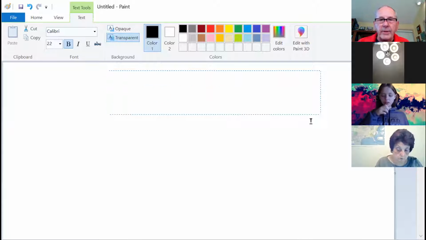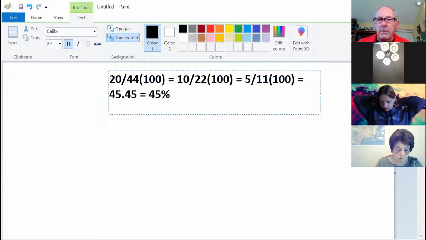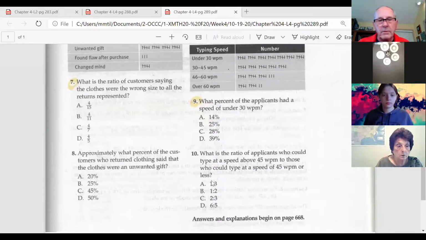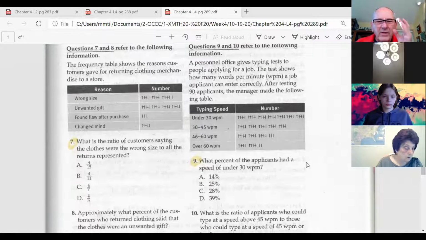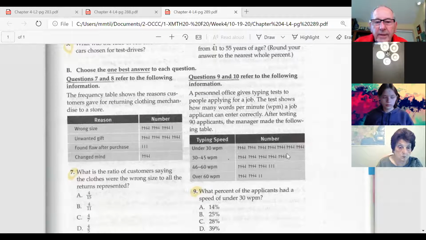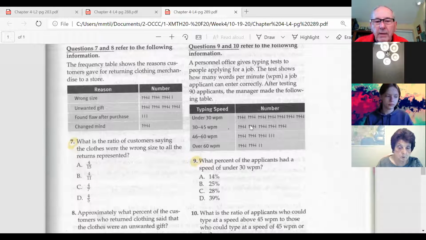Okay, I'm going to stop sharing that page and look at the screen play. Here are my questions. All these are like that. Questions 9 and 10 are the same idea. It's a frequency table.